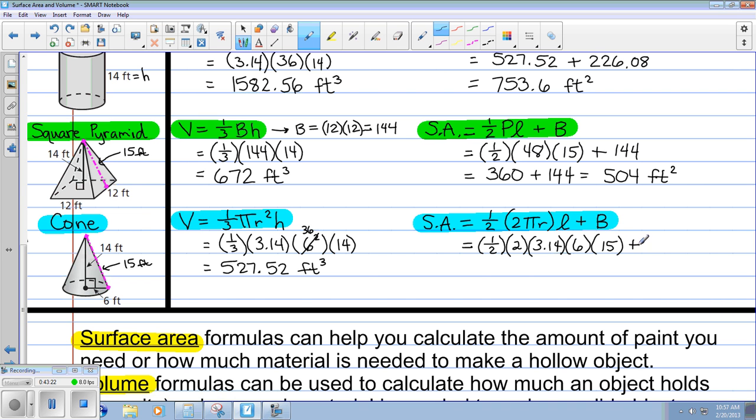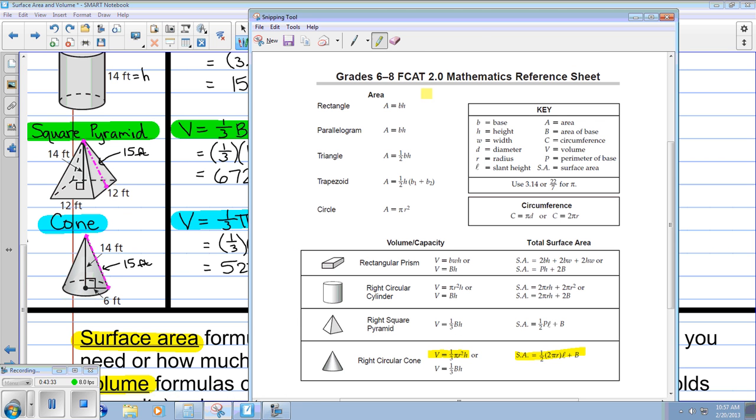And now here we have to find the area of the base. This base is a circle. So if you weren't sure how to find the area of a circle, it's on your reference sheet. It's up here at the top. Circle is pi r squared.